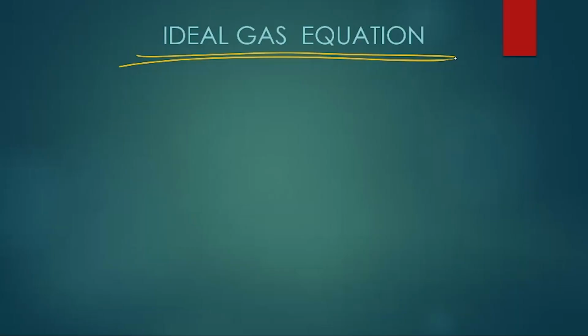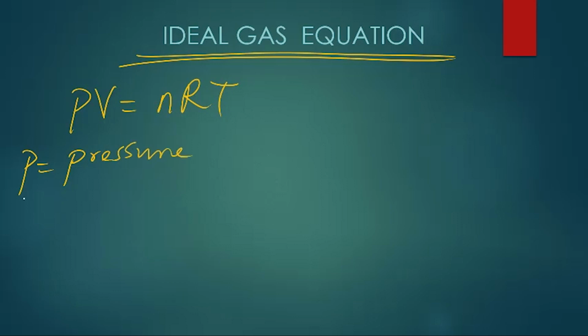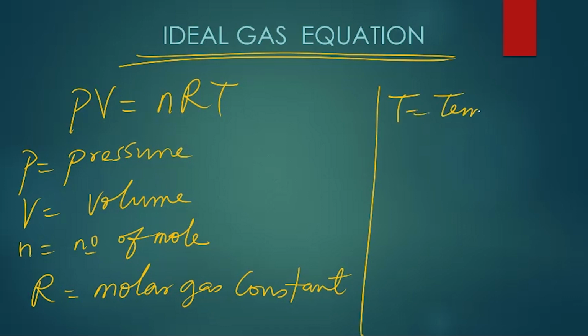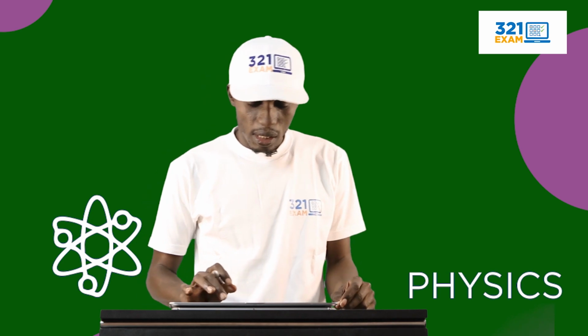And therefore, the ideal gas equation is given as PV equals nRT, where your P is the pressure, V is the volume, n is the number of moles, that's the mass over the molar mass, R is the molar gas constant. It has a constant value that it shall be given, that's 8.31, and T is the temperature in Kelvin. With this, I believe we have come to the theoretical aspect of gas laws.